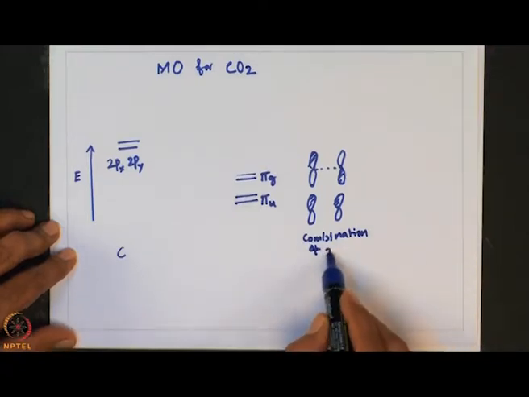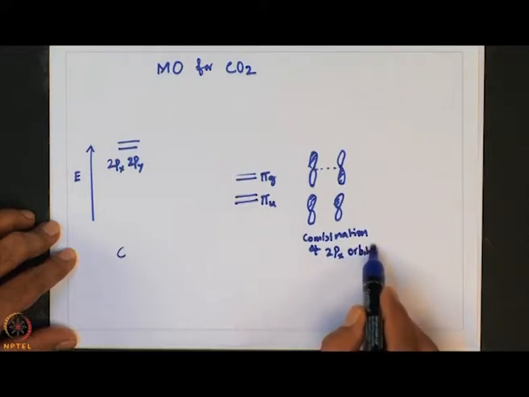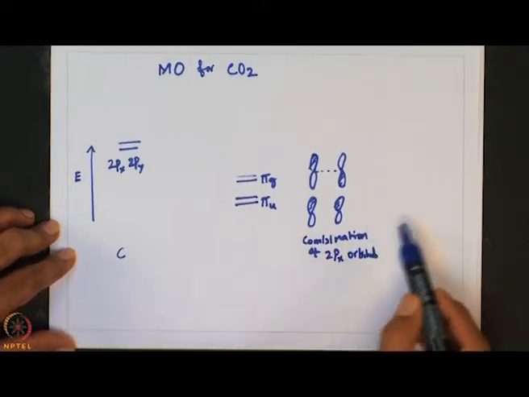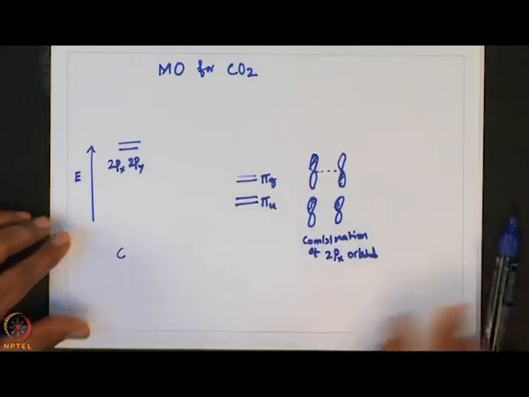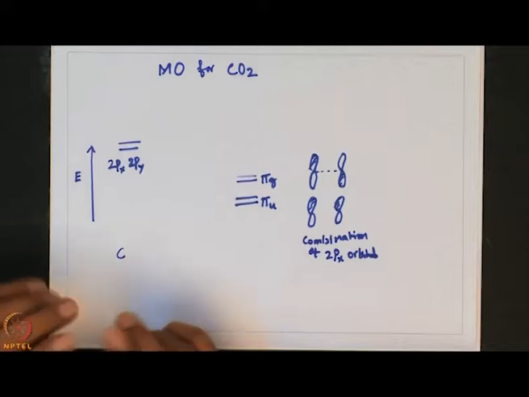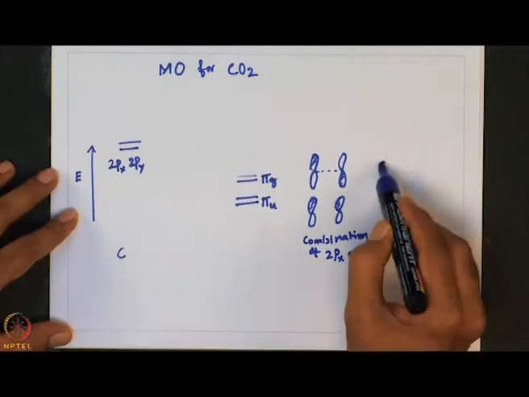two px orbitals. Similarly, I will write the combination of 2 py orbitals. I have omitted pz because pz is involved in making the sigma bond. So, I am just omitting that part, which is similar to most of the molecules we come across.